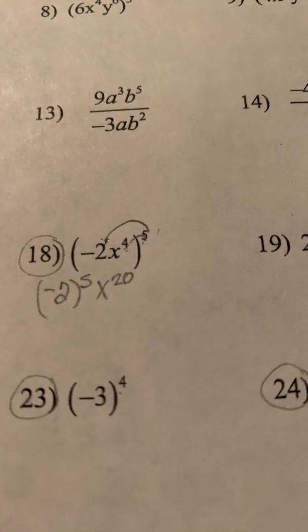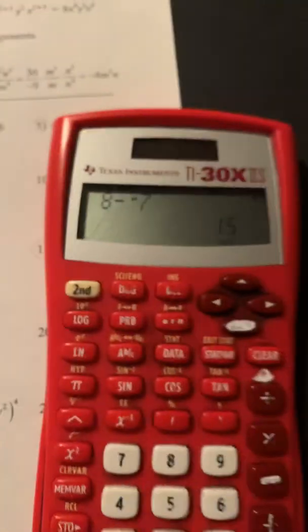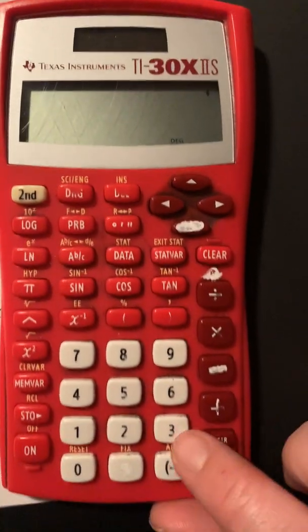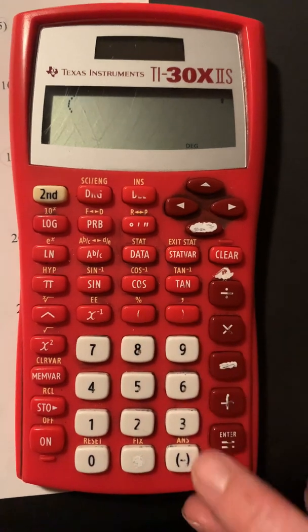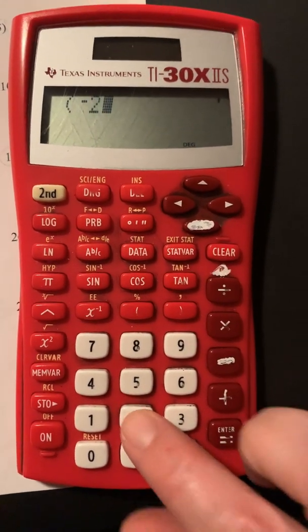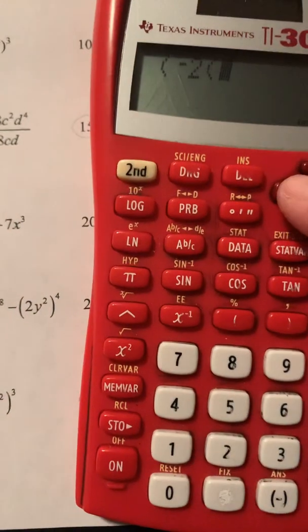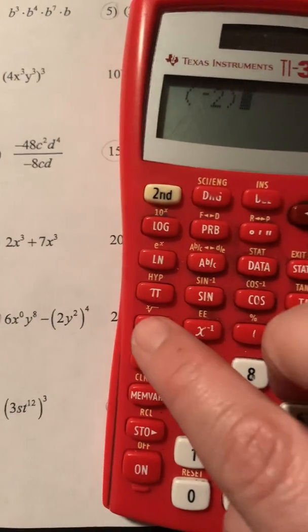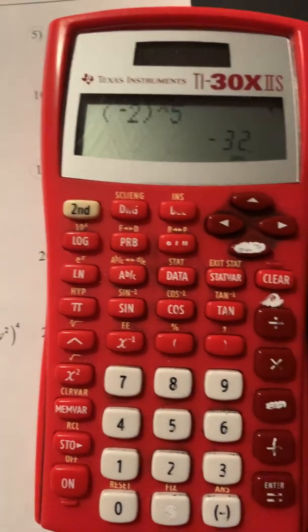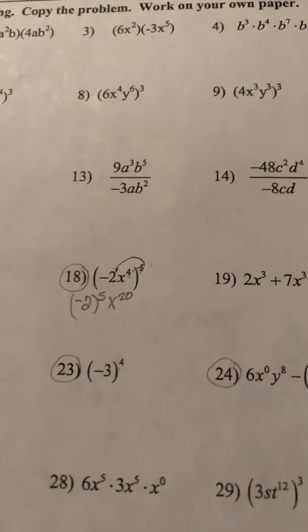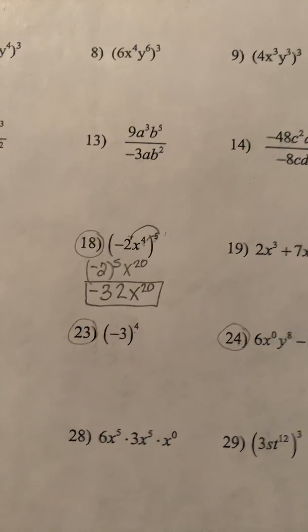Then in our calculator, we're raising negative 2 to the 5th power. Put it in parentheses, negative 2 to the 5th. We get negative 32. So this will be negative 32x to the 20th.